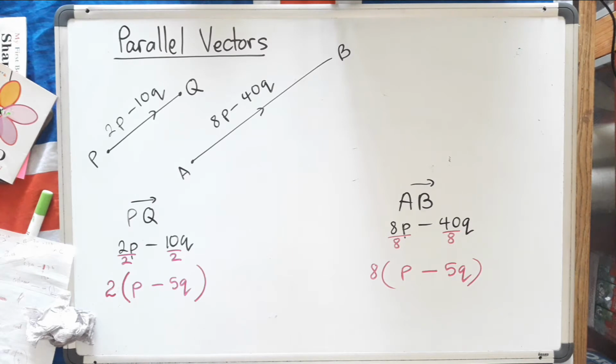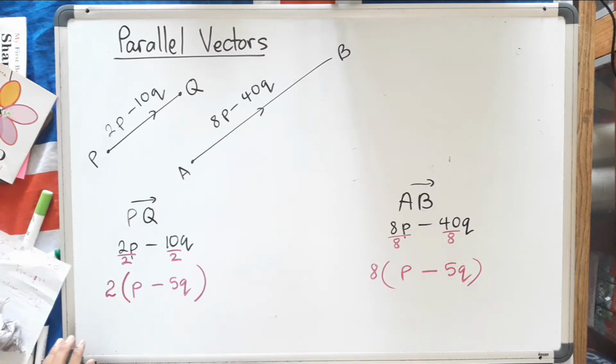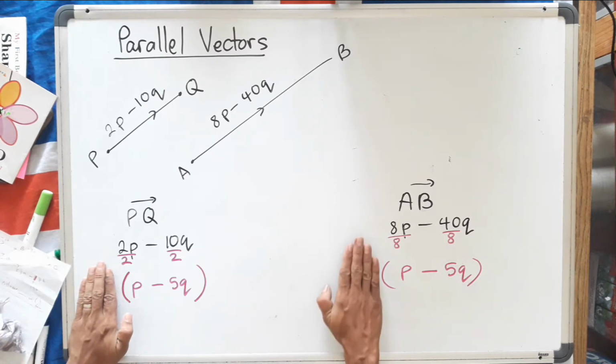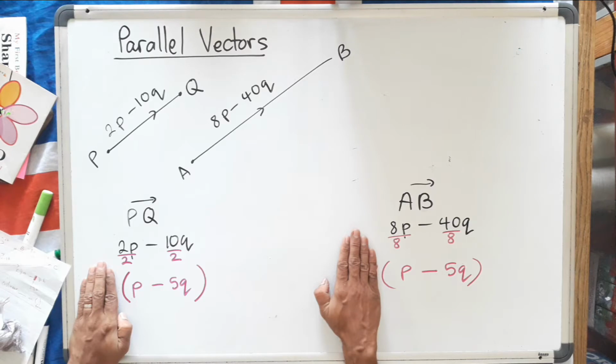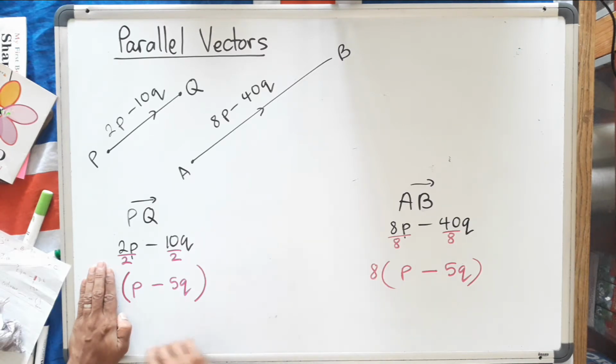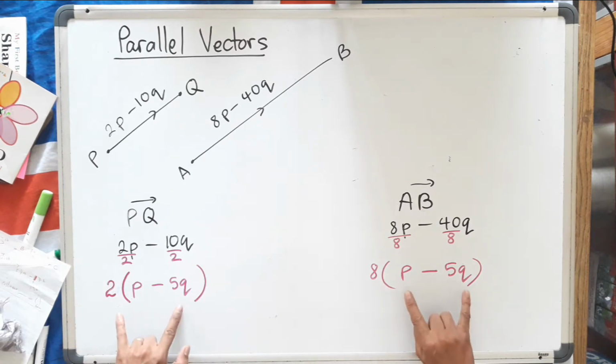You notice that after you factorize both expressions, if you block out the number outside the brackets, the numbers inside the brackets look exactly the same. Once you get them to look the same, then you can write a sentence. Hence, the two vectors are what? Parallel. But the items in the brackets need to look the same.